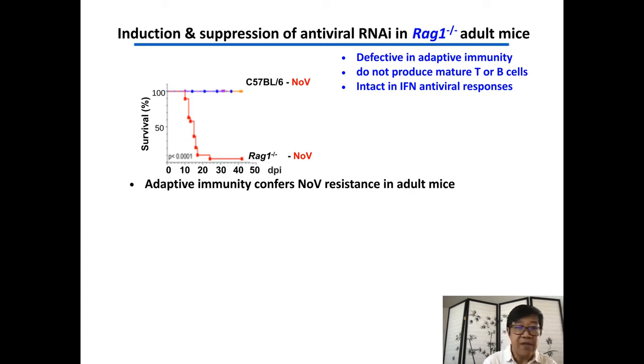We find that unlike the wild-type C57 Black 6 adult mice, which are highly resistant to Notomira virus infection, the RAG1 knockout mice are highly susceptible to NoV infection, and most of the adult mice infected by NoV died. So this indicates that adaptive immunity confers resistance in adult mice.